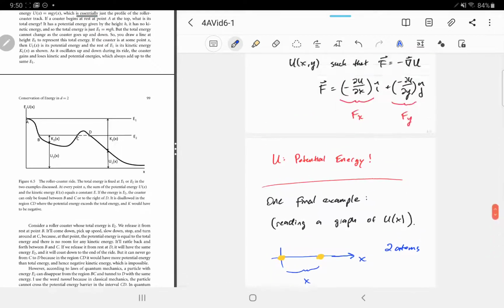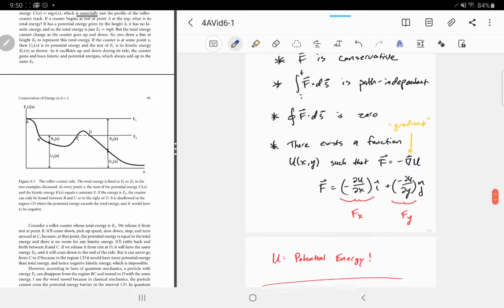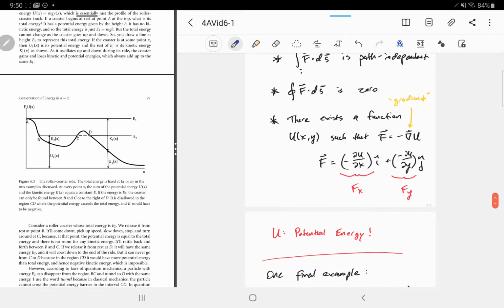And this is related to the fact that the force is related to the potential energy. So this is actually exactly what this equation right here is implying. It's a little hard to read in multiple dimensions. So in 1D, what this is saying is that the force is in the direction opposite the slope of u.